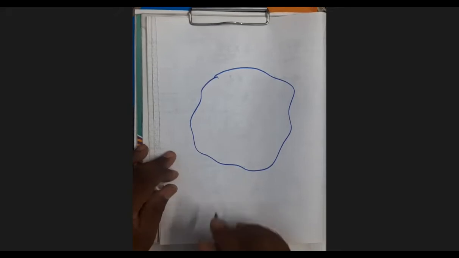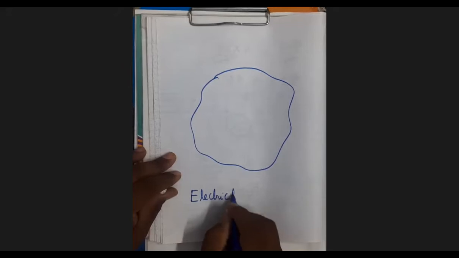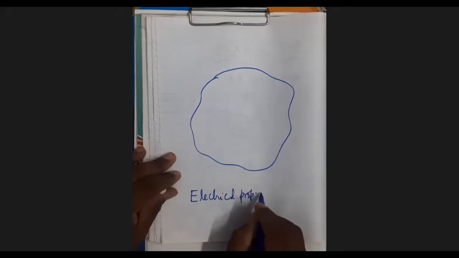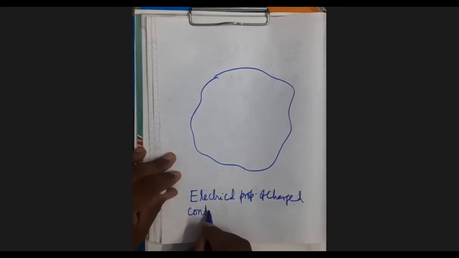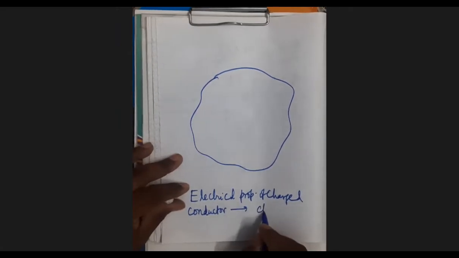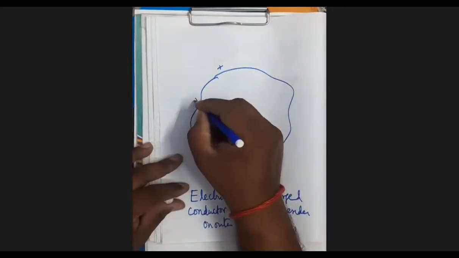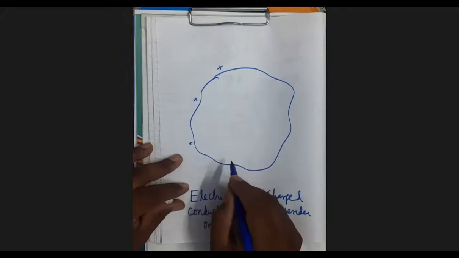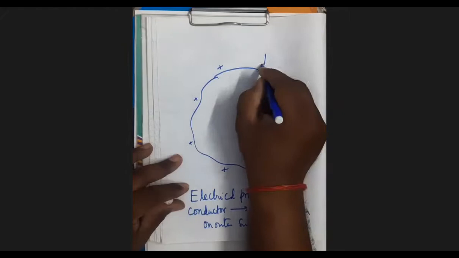As we know from the electrical property of charged conductor, what is the electrical property? Charge resides on outer surface. So when you give 10 microcoulomb charge, it will distribute on the outer surface this way. What will be the charge on the outer surface?